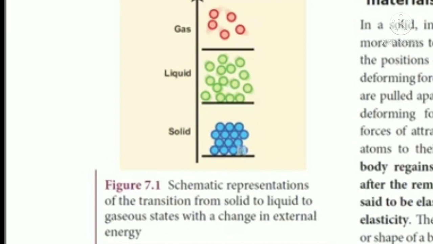In this picture we can see the different states of matter, solid, liquid and gas, and also observe how the atoms and molecules are arranged here, right? Due to the change in external energy, it is converted from one state to another.